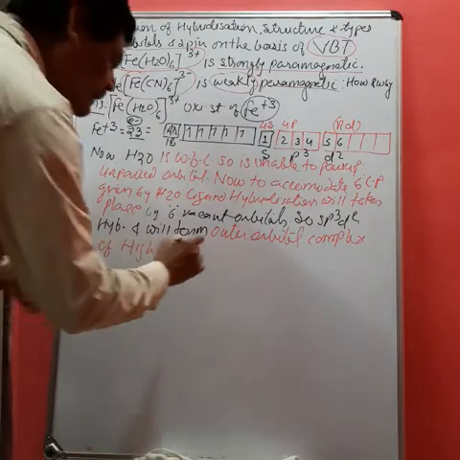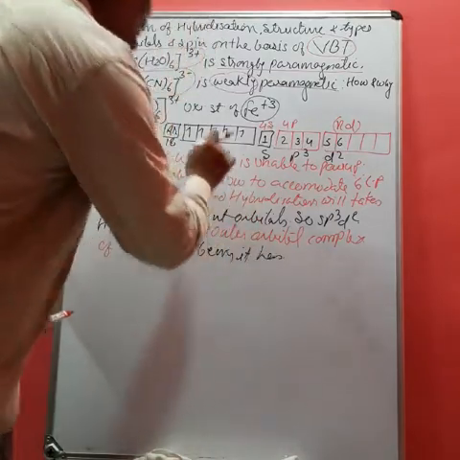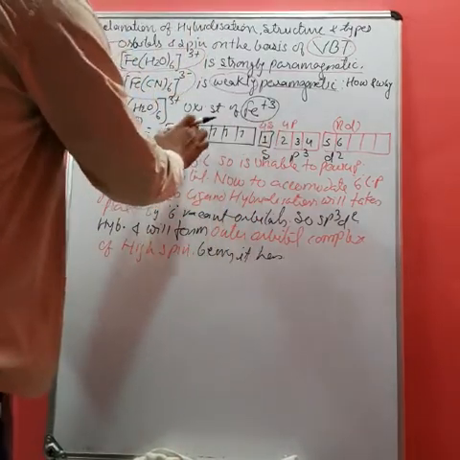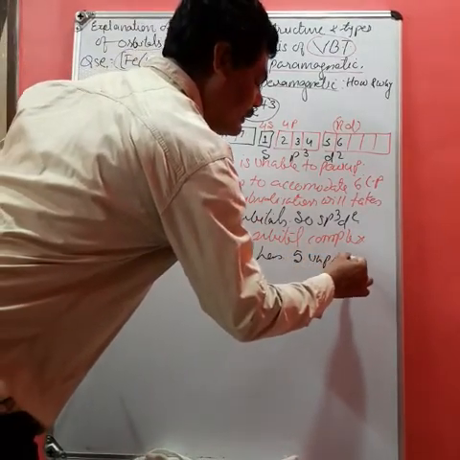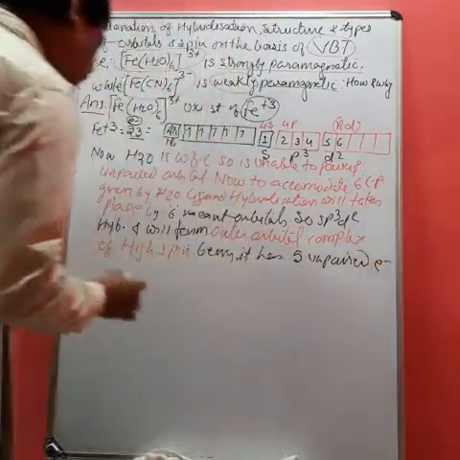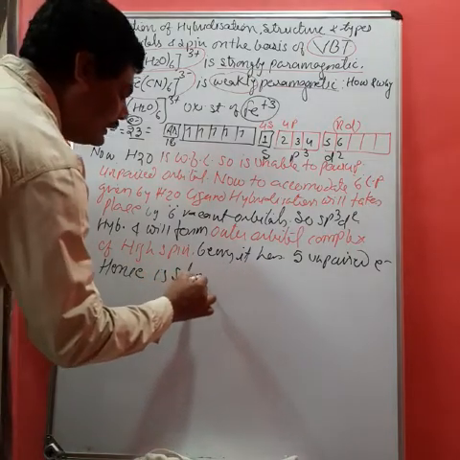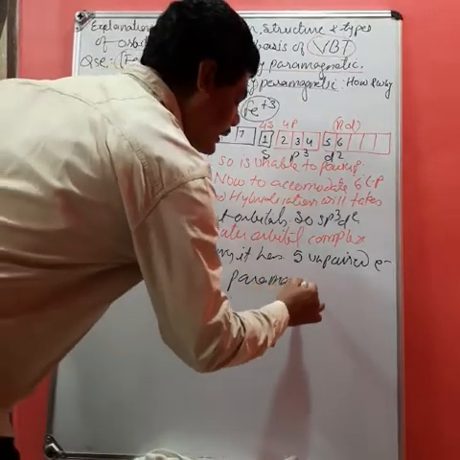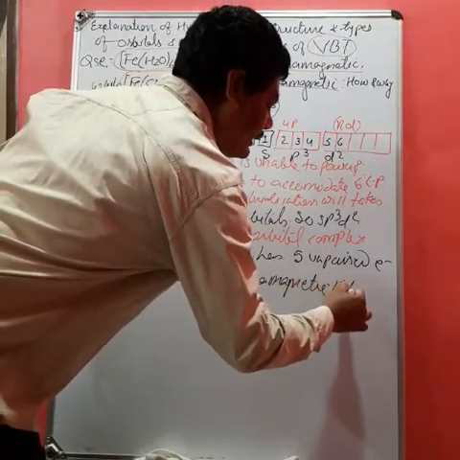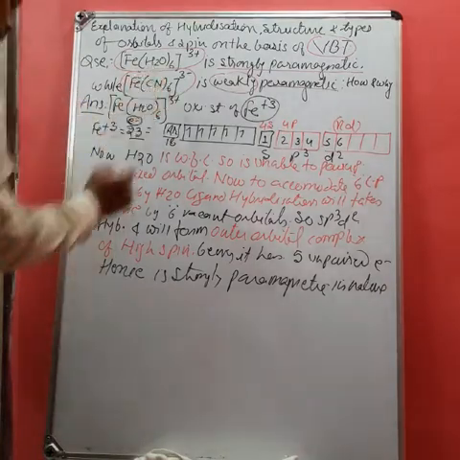Being it has what? 1, 2, 3, 4, 5. It has 5 unpaired electrons, hence it is strongly paramagnetic in nature.